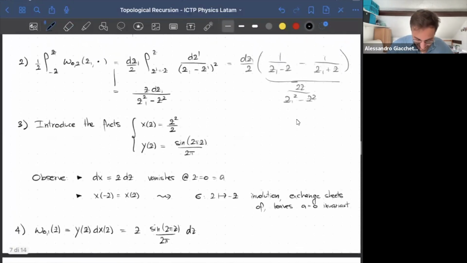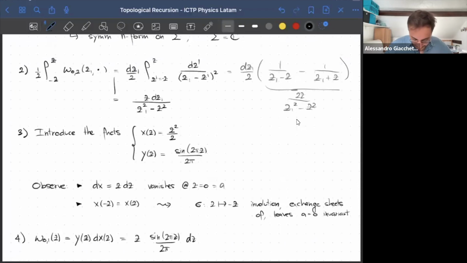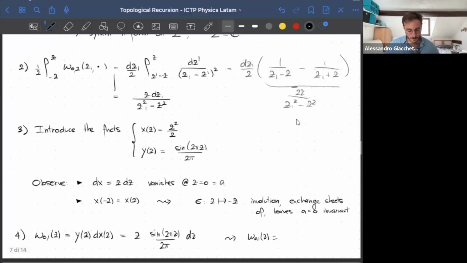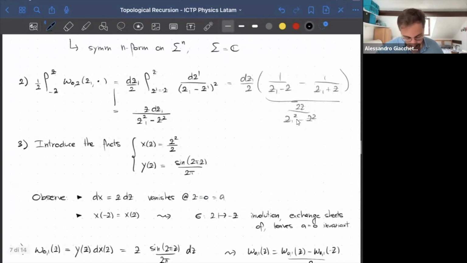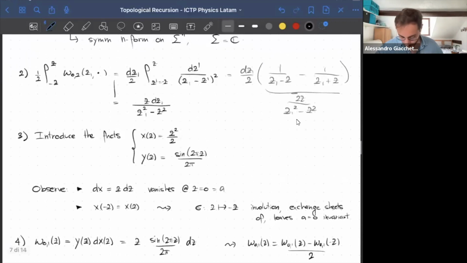But let me make one last observation, and this is very specific to this case here. The fact that omega 0,1 is also equal to omega 0,1 of z minus omega 0,1 of minus z, divided by 2. And here I just realized that the 2 was actually right.